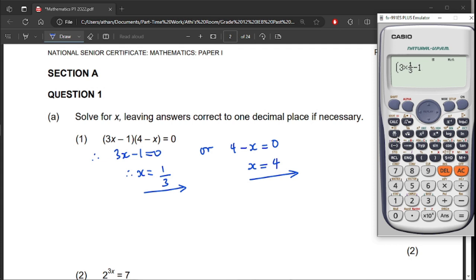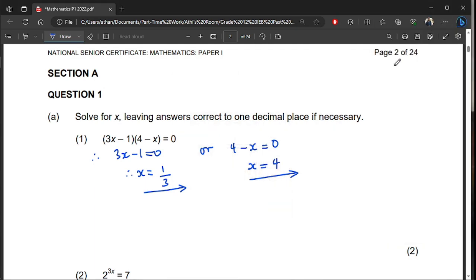With 1 over 3, I go straight to my calculator and substitute x with 1 over 3. There you go, we got 0. That means the first value of x is correct. Then I try the positive 4. If we get 0, that means both our answers are valid.